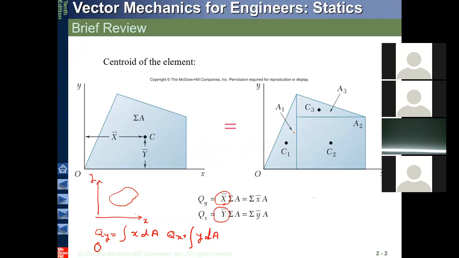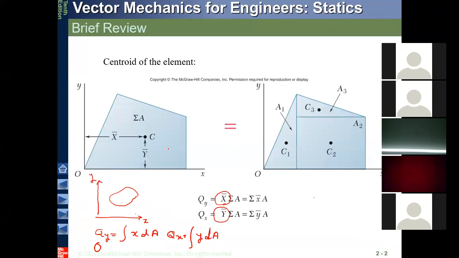So you discretize, for example, this object into two triangles and one rectangle, and then define the centroid of each object, and then define the distances between C1, C2, and C3 from X and Y, and sum over all of them.